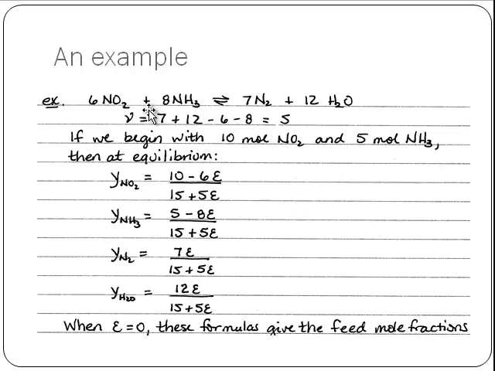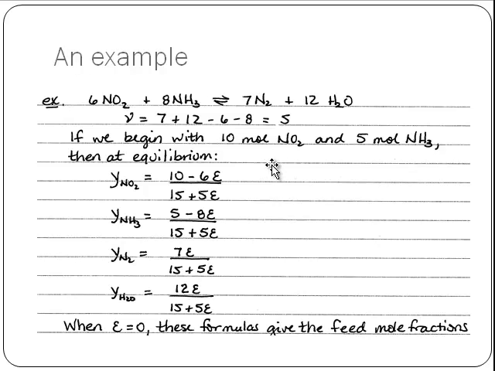So I'm going to have 6 molecules of NO2 and 8 molecules of NH3 combining to form 7 N2s and 12 H2Os. The change in number of moles of my total mixture is 7 plus 12 minus 8 minus 6. So a change of 5 additional moles of product gas would be formed.